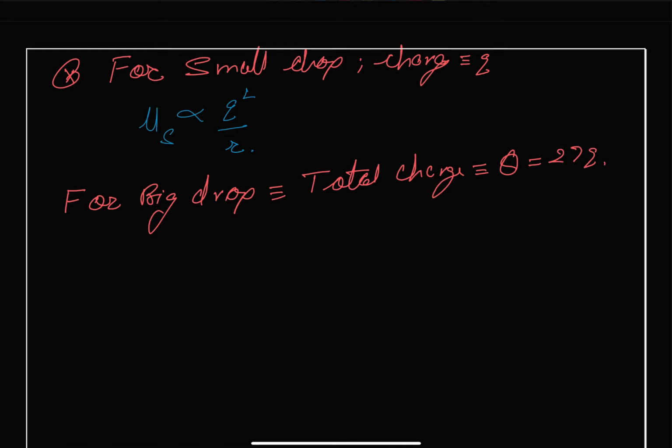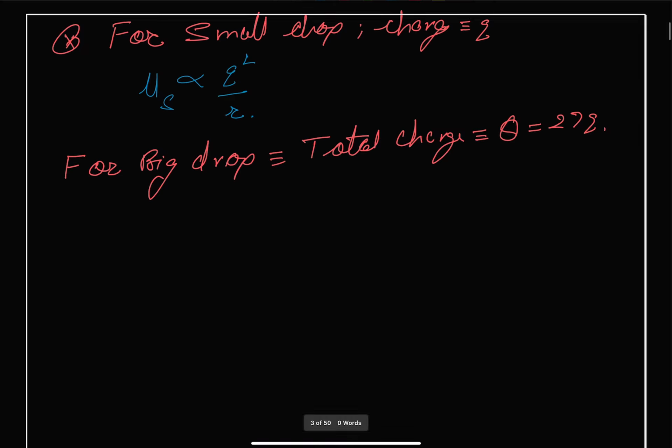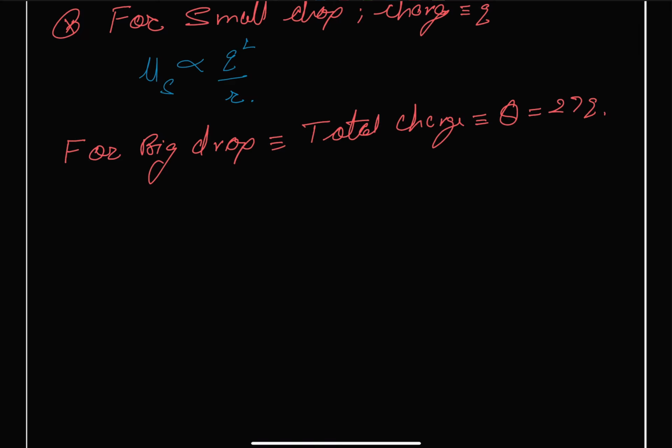And we just found that the radius of the bigger drop, capital R, is 3 times that of the smaller drop.